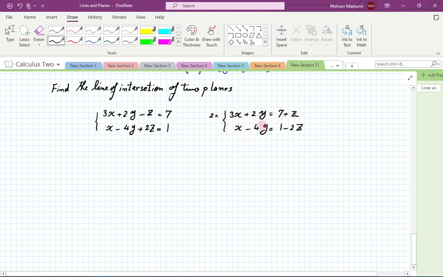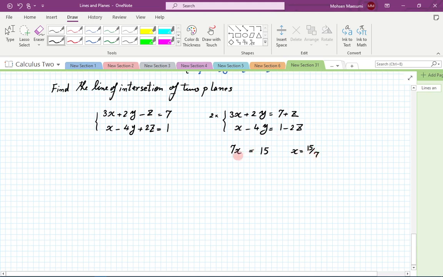So I double this and add to that, and it becomes 7x. The 4 and 4 cancel, and then 14 and 1 becomes 15, and my z's accidentally have canceled too, so my x is 15/7.